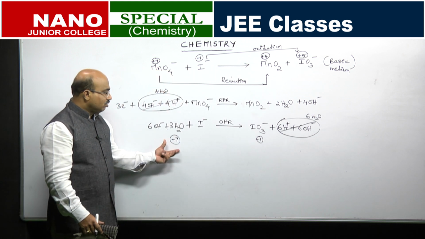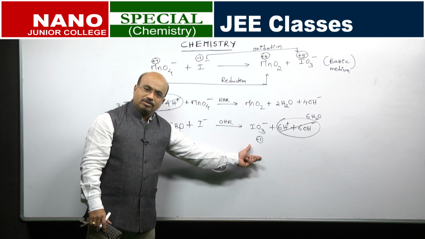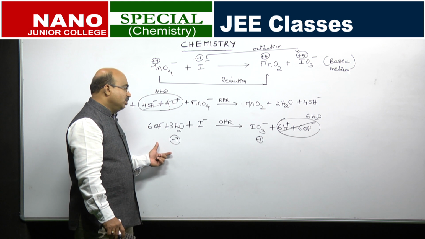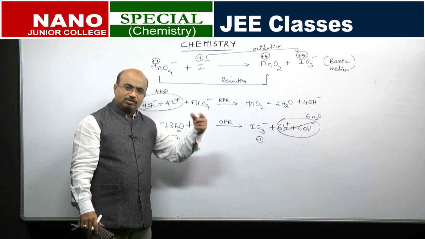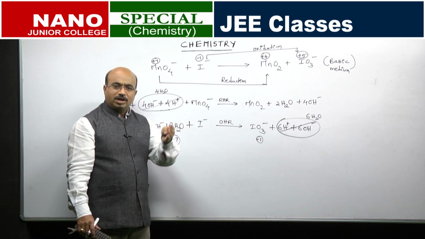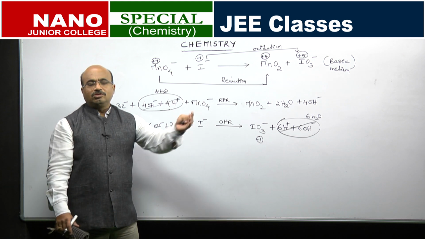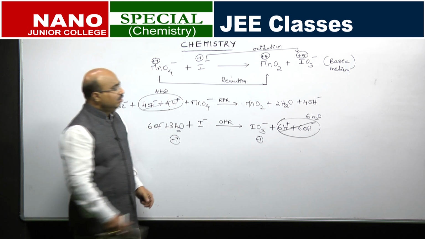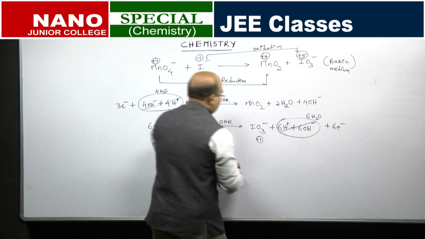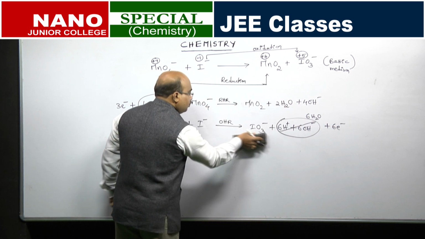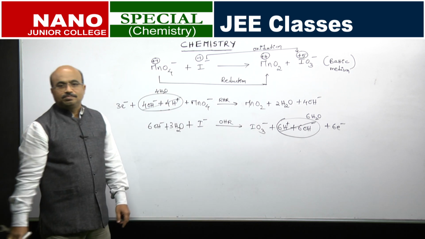So, what is the left hand charge now? -7. What is the right hand charge? -1. So, how many units of negative charge is more here? 6 units: minus 1, minus 2, minus 3, minus 4, minus 5, minus 6, minus 7. 6 units you are moving back. So, add 6 electrons here. That is it. So, each equation is balanced.